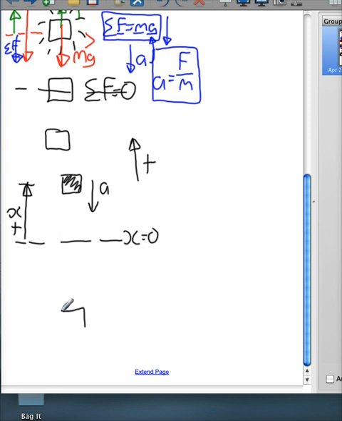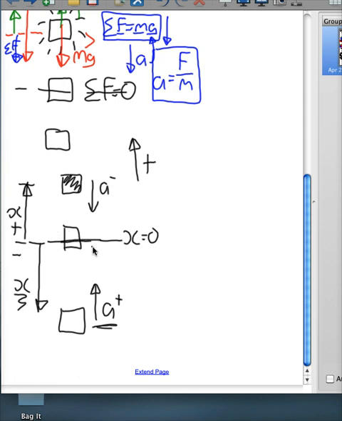When the mass is down here, we have a negative x, and we have a positive acceleration. Okay? So whatever the displacement is, in this case negative, the acceleration will be the opposite, positive. And in the middle, where x equals 0, acceleration will also equal 0.